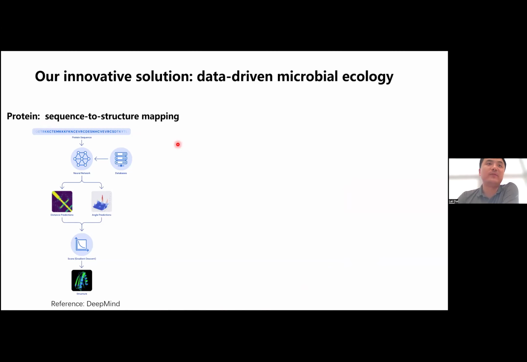For 50 years, physicists wanted to solve this problem, with some success, but not much. But AlphaFold 2 specifically had a huge breakthrough in predicting the structure of proteins from the sequence. It's because we accumulated enough protein structures in the PDB database that we can train this deep learning model to predict the structure.